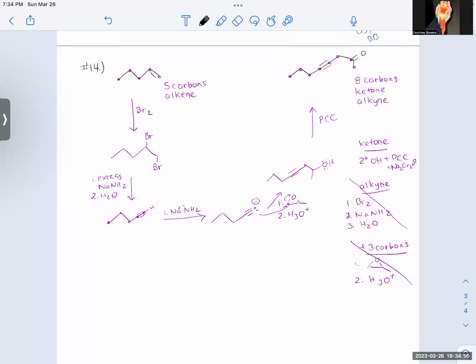When I look it up, it looks more like a substitution reaction where the nitrogen takes the place of the leaving group, and then the nitrogen would attack the positively charged carbocation. So possibly that might be what would happen.